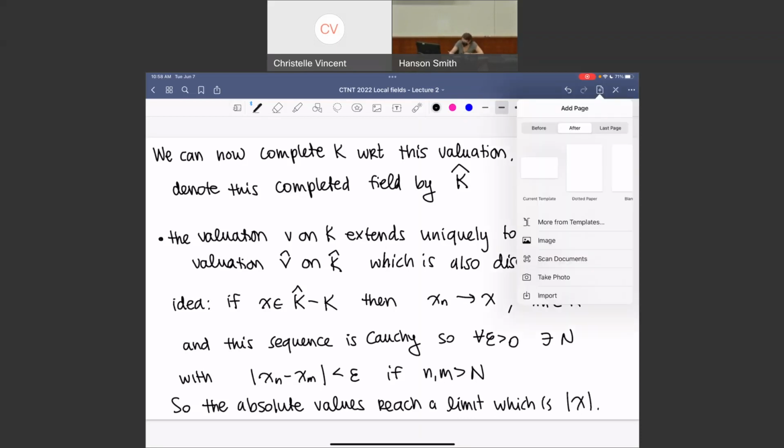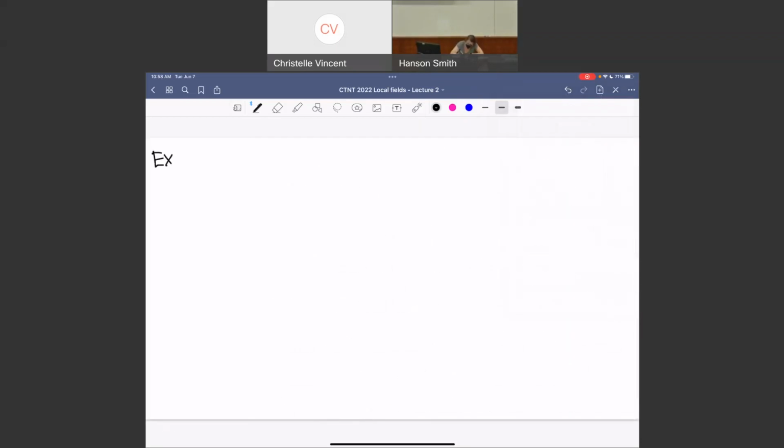And, for example, if we had Q with the p-adic valuation for some prime, and p is equal to 3, obviously, as usual, then we could take x to be the sum, n equal to 0 to infinity, of 3 to the n. 1 plus 3 plus 9 plus 27 plus.